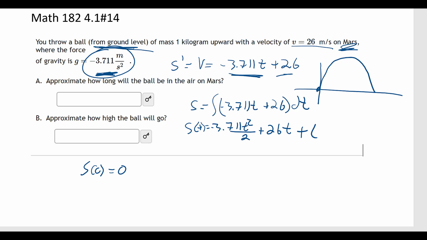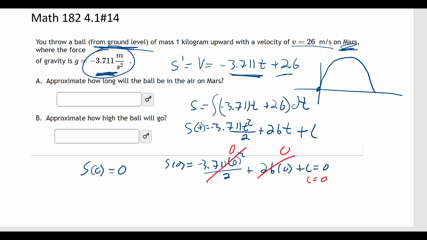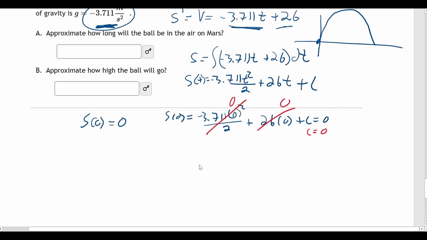If we take s of 0 equals negative 3.711 times 0 squared over 2 plus 26 times 0 plus c, you get 0. You're getting 0 here, getting 0 here, so c must be 0. So we can throw that part away.